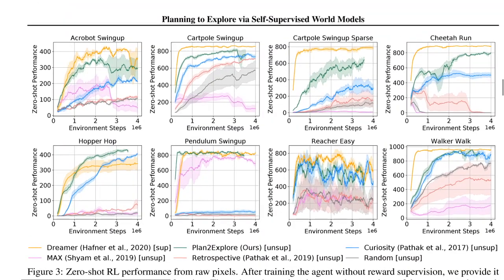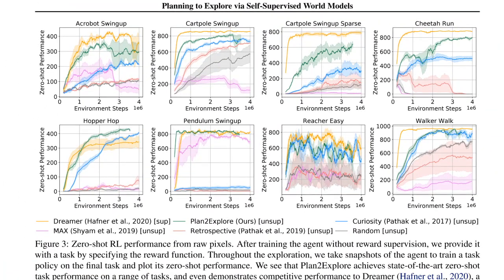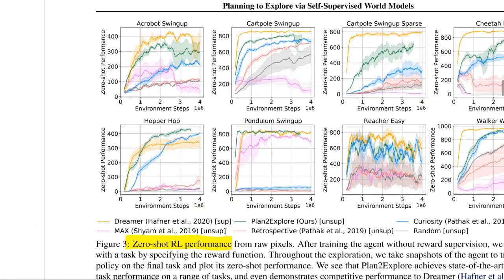So the cool thing you can do with this is what's called zero-shot performance. So what they do is, in a first step, they just learn task agnostic. Just explore without a task. Then second, they go into their buffer.